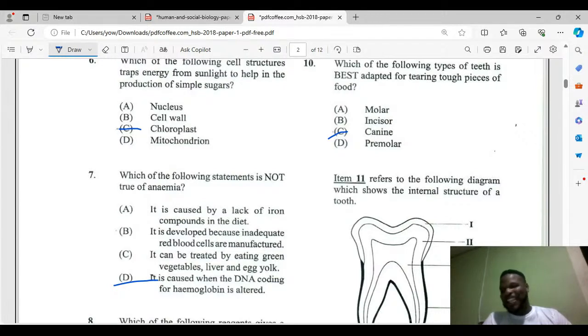Want to bite off? Bite. Cutting. So we say cut. Yeah, cut or bite is fine.